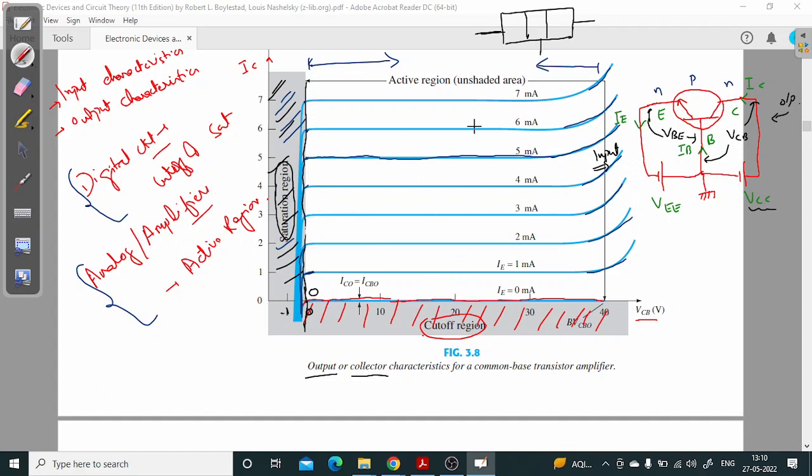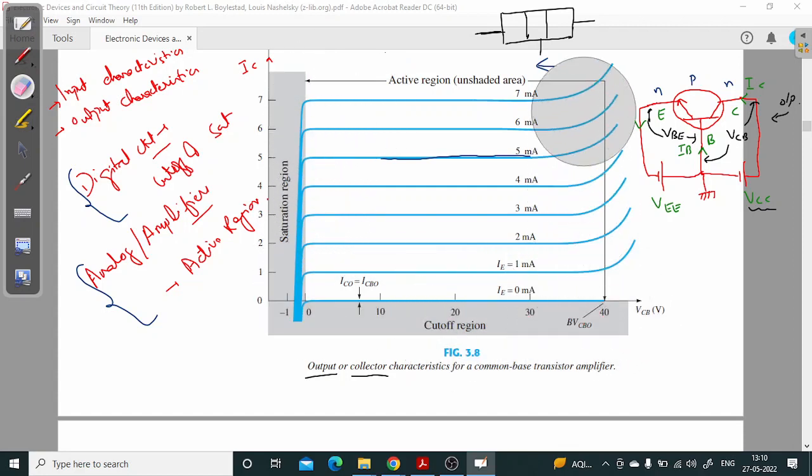So in the active region the current remains essentially constant with respect to output voltage, and look at the value of IE here. This is IC, right? For example, in this case, this is when IE is equal to 3 milliampere.